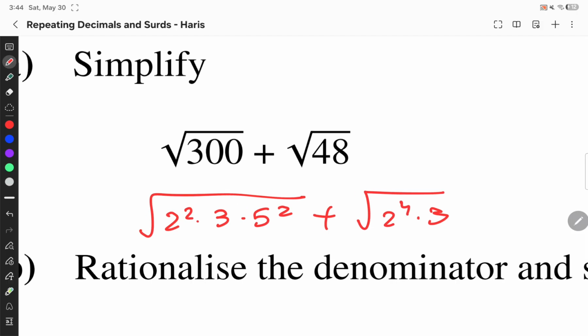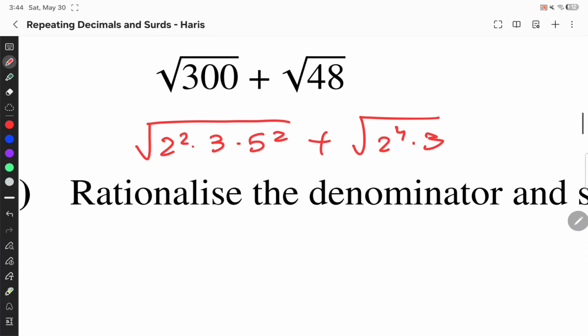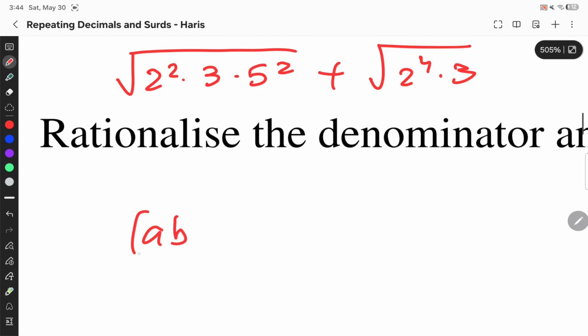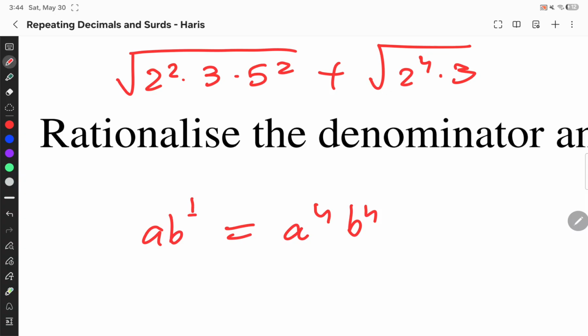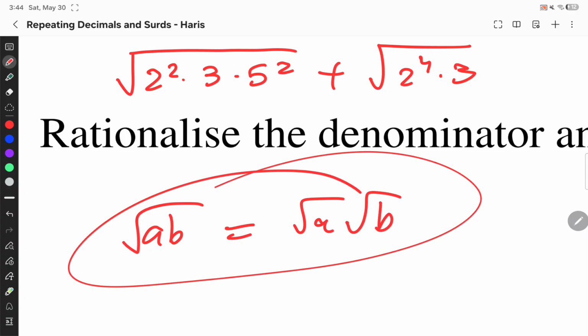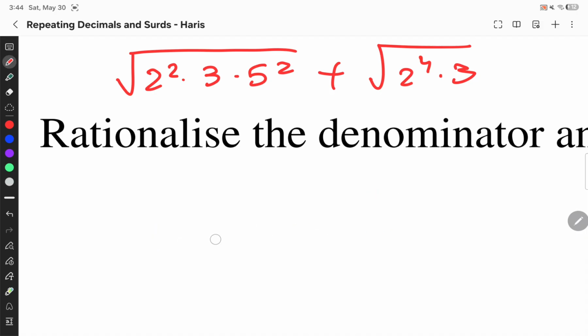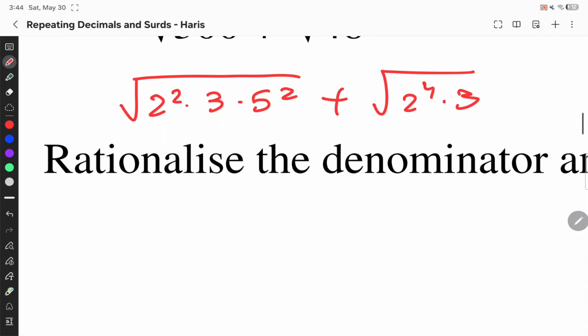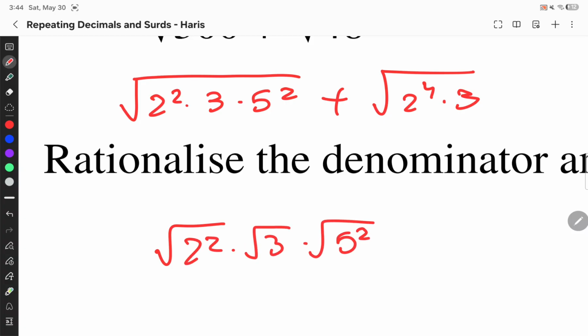Now, how do we use the index rule? Stating this rule, we can use this in reverse. Say n was a half. Half means a radical, so this is the same as this. Using this fact, we can break this down into 2 squared times square root of 3 times square root of 5 squared.